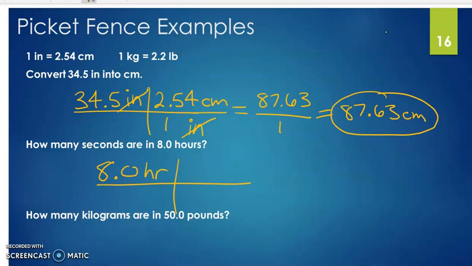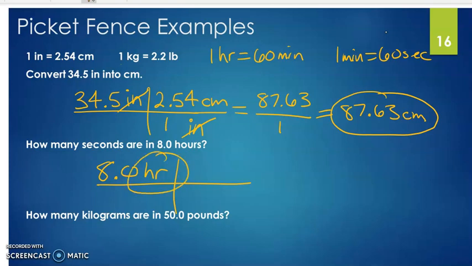So how am I going to get from hours to seconds? Well, I know 1 hour equals 60 minutes, and I know 1 minute equals 60 seconds. Okay, so those are the two I'm going to use. And there are some shortcuts that you can take with time. I'm just going to show you, not with the shortcuts quite yet.